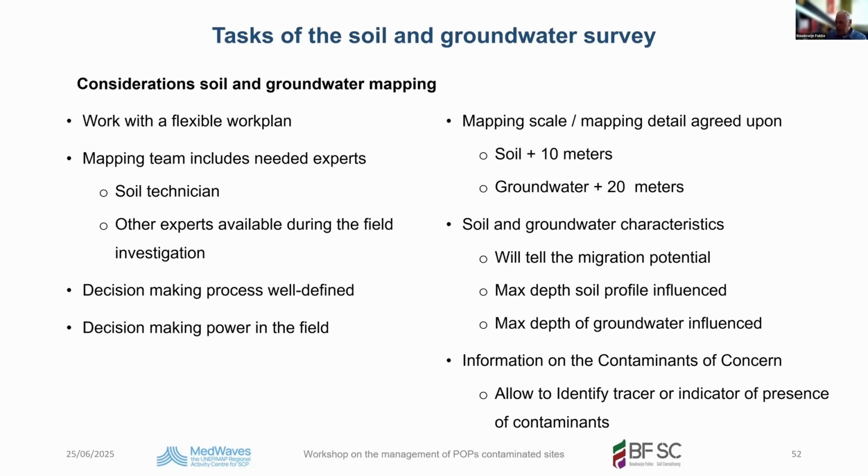So select a tracer or indicator which is cost effective and which gives you the correct extent in horizontal and vertical contamination. If you have a mobile component expected in your groundwater, then you can use this mobile contaminant like benzene, for instance, or toluene as a tracer, and that saves you costs on the chemical analysis in the lab.